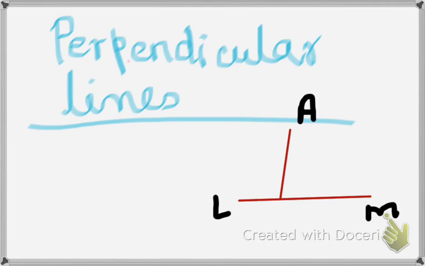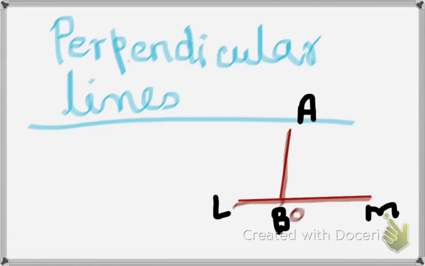You can see these lines are intersecting. How can I mention it? How are they intersecting? Line LM and line AB are intersecting. Suppose they are intersecting at point O.